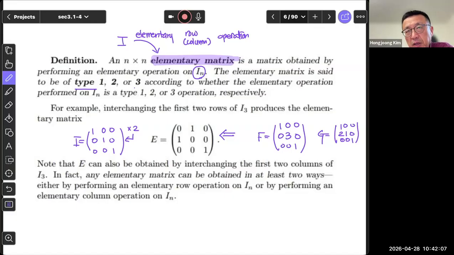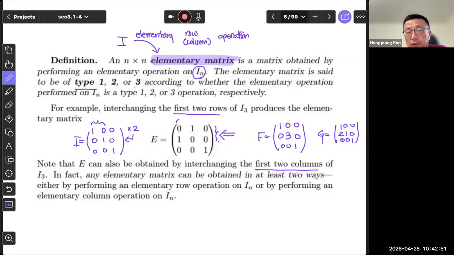As I said, E is obtained from the identity matrix by interchanging two rows, but you obtain E even when you interchange two columns of the identity matrix. So E can be obtained by interchanging the first two rows or the first two columns of the identity matrix.